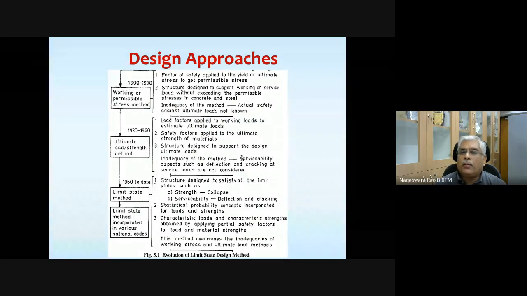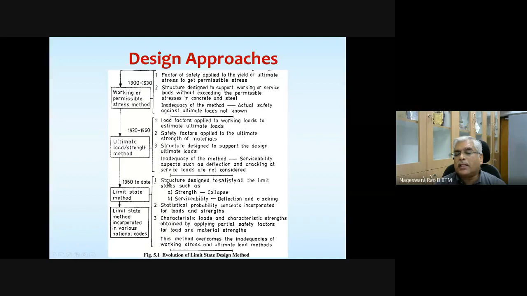Okay. So from working stress method to this intermediate method, that is ultimate load or strength method, what is the improvement? You applied load factors on the working loads, but still deflection and cracking at service loads are not considered. So an improvement over this is the limit state method.